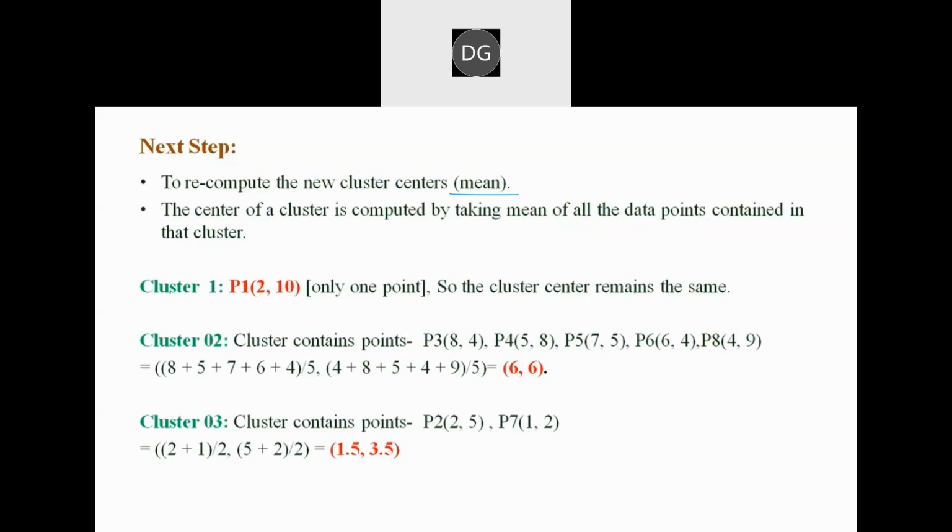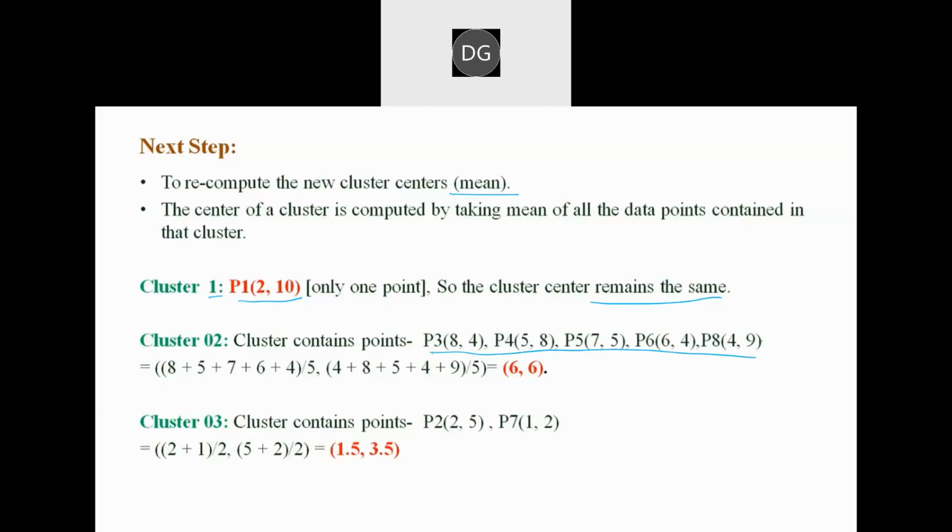So in cluster 1, when you take cluster 1, we are having only one point, so it is going to remain the same. Okay, no change in cluster 1. Whereas when you come to cluster 2, 5 points are matching, right? So to take the mean of x and y, very simple.